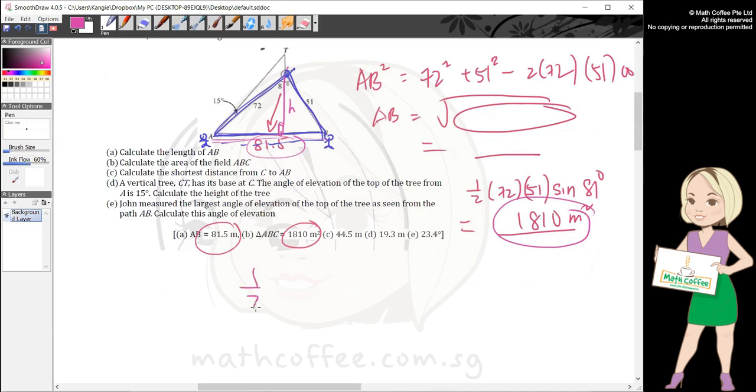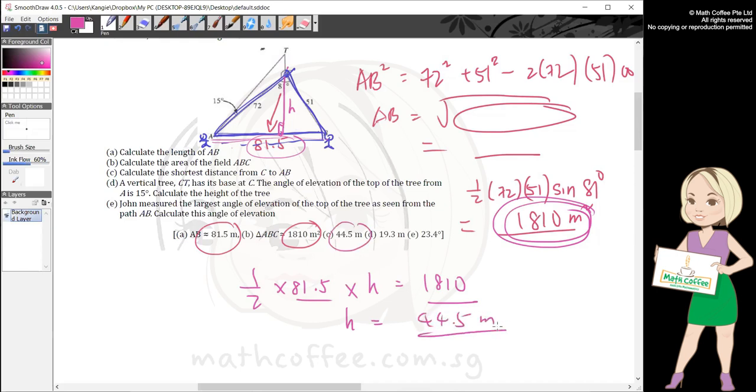So half times 81.5, please use the long one, multiplied by this unknown height is equals to the same area because it's still referring to the same triangle ABC. So you put 1810, again please use the long one. Then find the height and you will get the answer, 44.5 meters. So that's how you define shortest distance.